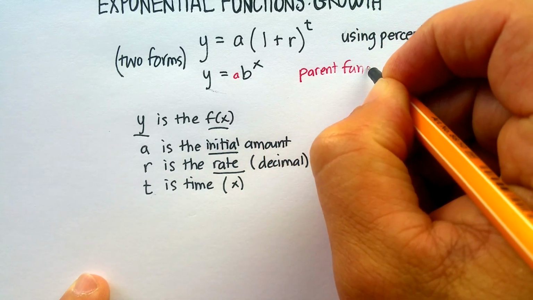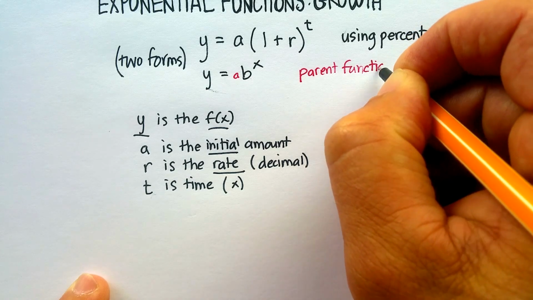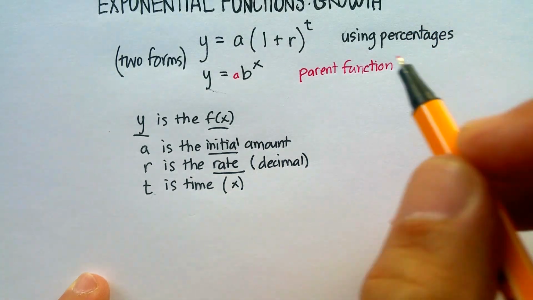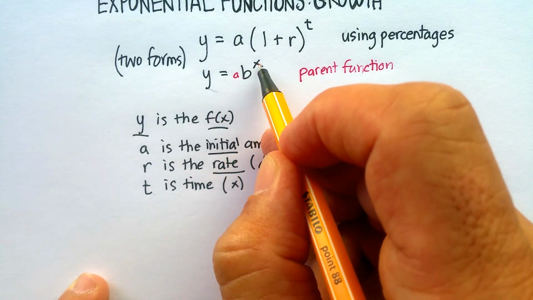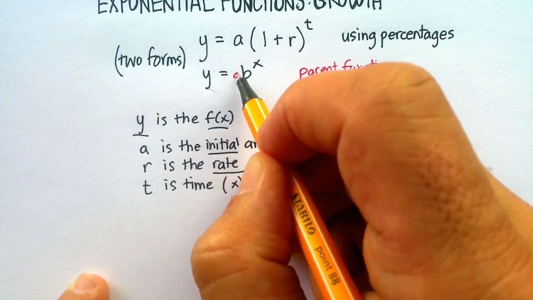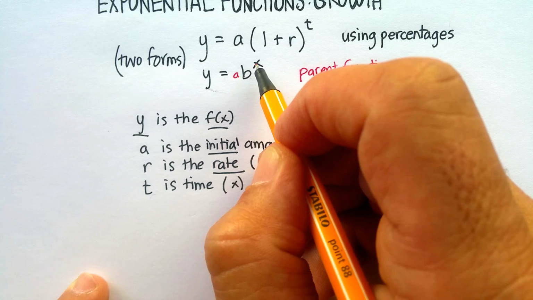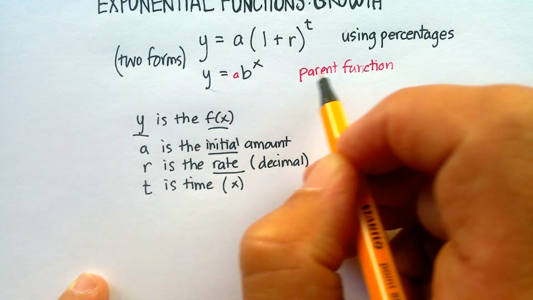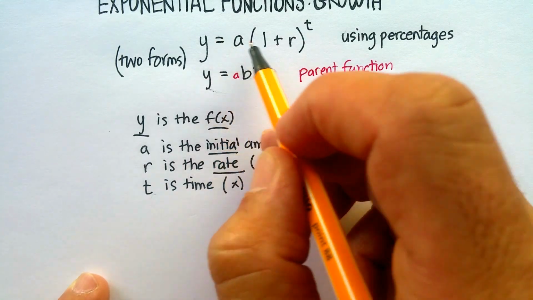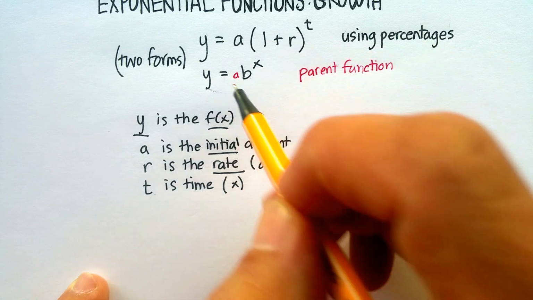Okay? So if you are ever asked what the parent function is, it's just y is equal to b to the x. The base, which is some constant number raised to the x exponent or power. Okay, that's called the parent function. So this is just a variation of that.